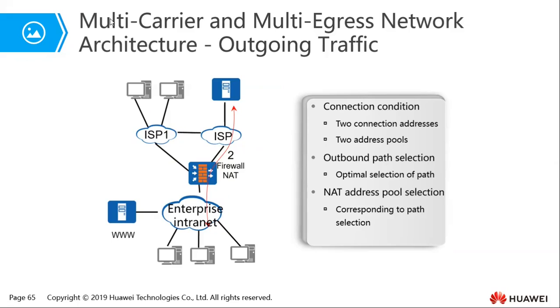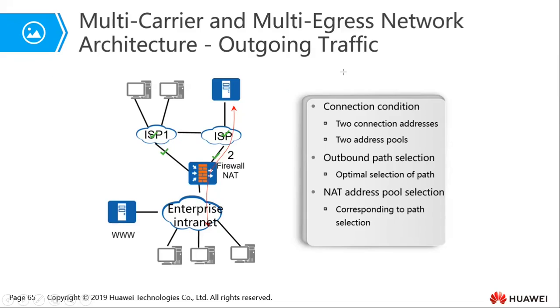Here, we not only have link redundancy, but we also have ISP redundancy. So we have ISP1 and ISP2. So in case ISP1 has issues, traffic can still be routed through ISP2. So that is one of the main advantages of this kind of implementation.